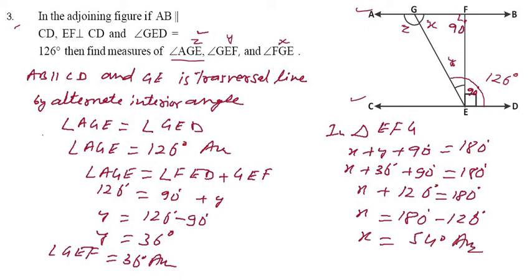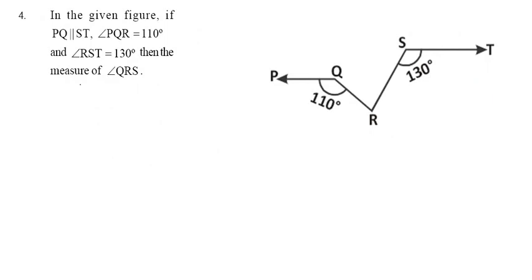So let us see the next one. In the given figure, PQ is parallel to ST, these two lines are parallel. The angle PQR is given as 110 degrees, and the angle RST is given as 130 degrees. Then find the angle QRS.